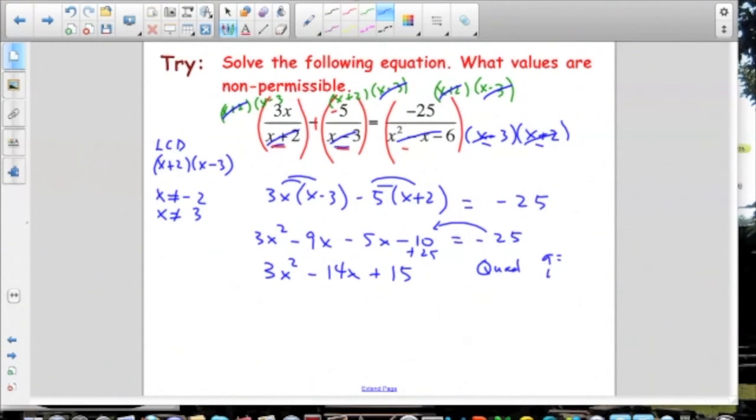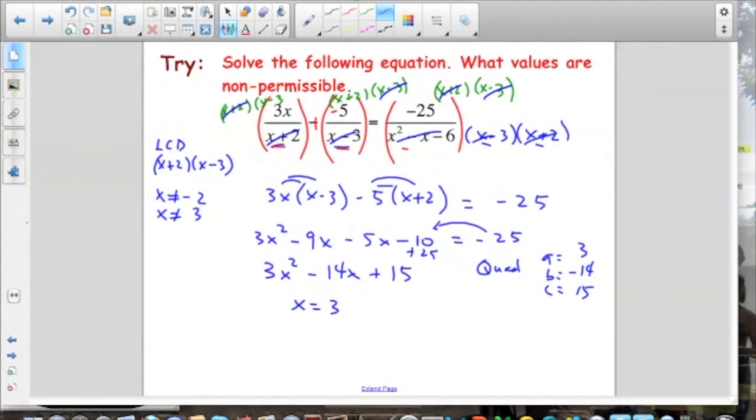So A equals, B equals, C equals, so we got 3, negative 14, 15. Typed it into my calculator, and x equals 3 and 1.66 popped out, which we know as 1 2/3, which we know as 5/3. So this is the best answer.